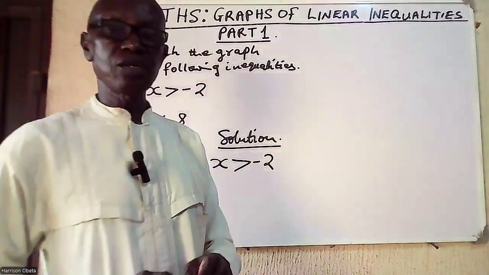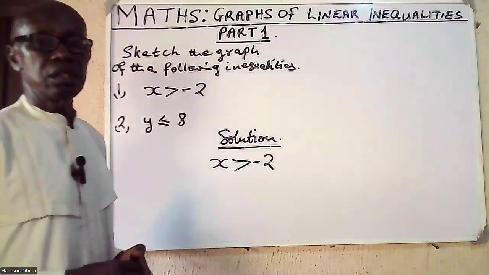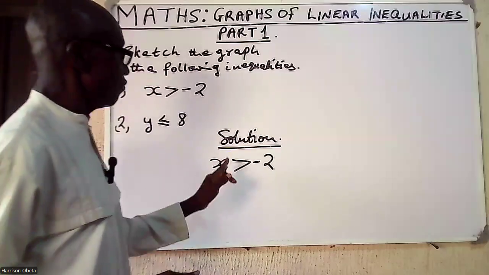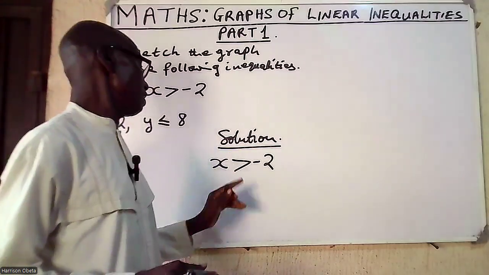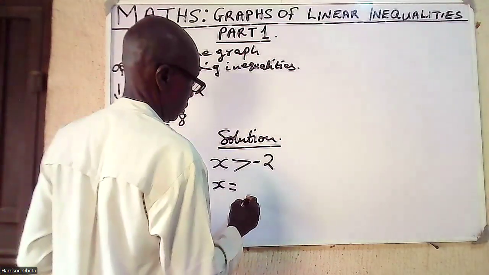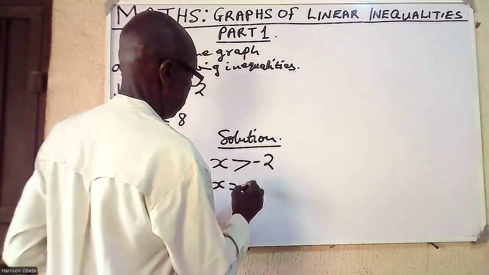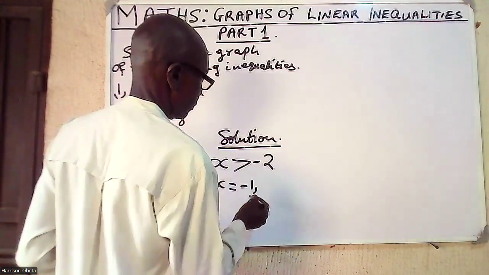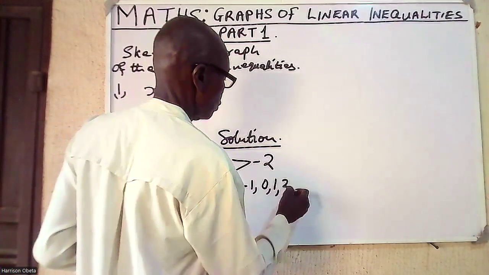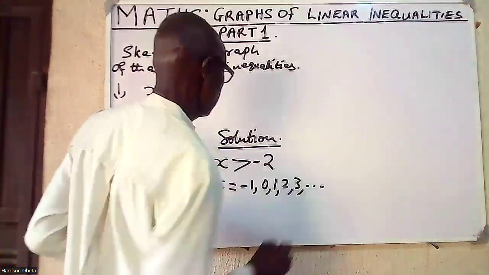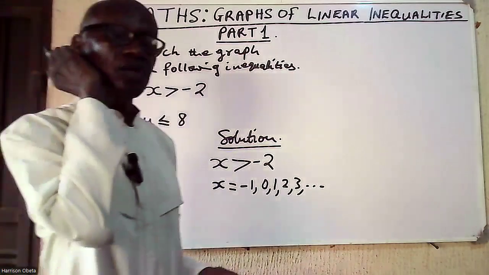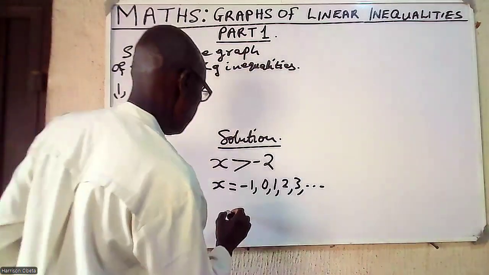If x is greater than -2, it means that the region or the values under this is x equal to -1, 0, 1, 2, 3. That is, if we are to indicate it in a number line, this is how it should be.